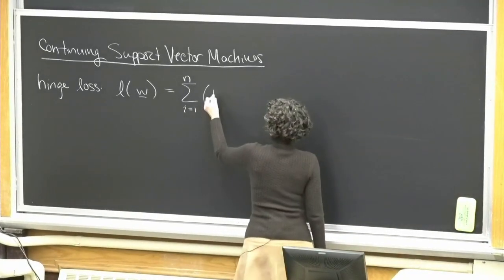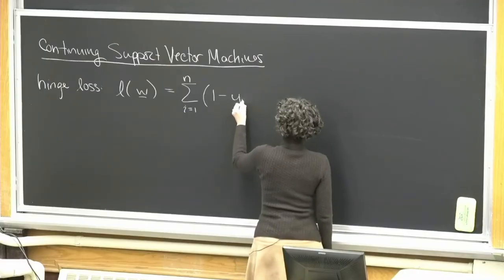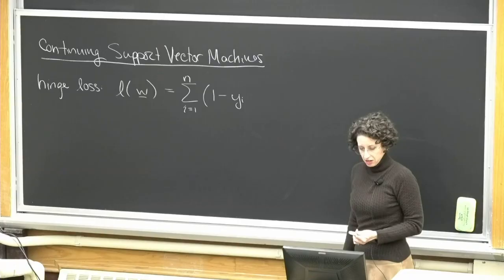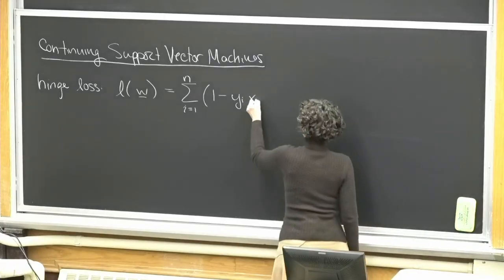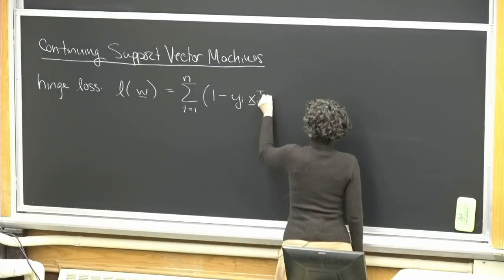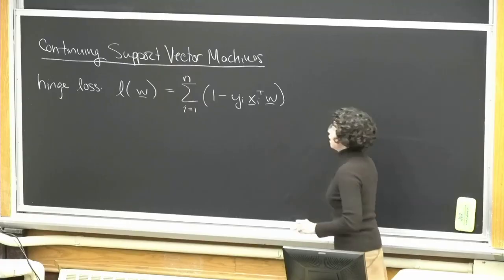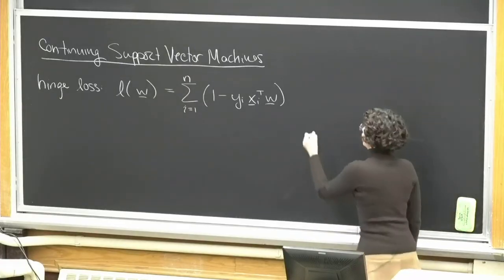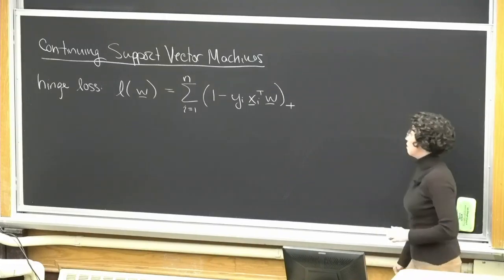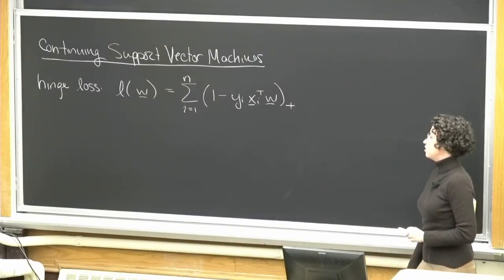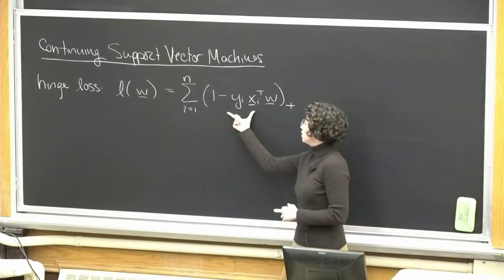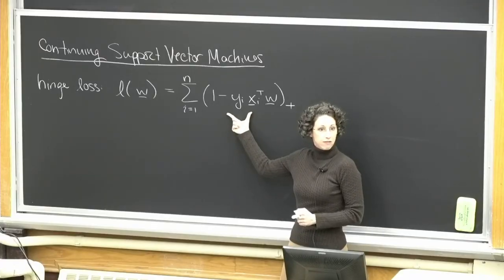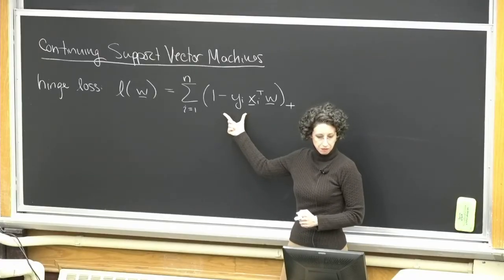And we would look at 1 minus the training label yi and the predicted training label, which we wrote as xi transpose times our weight vector. And instead of squaring this like we would with the squared error loss, we have this little plus sign, which says that whenever what's in the parentheses is positive, we just leave it alone. And whenever it's negative, we set it equal to 0.